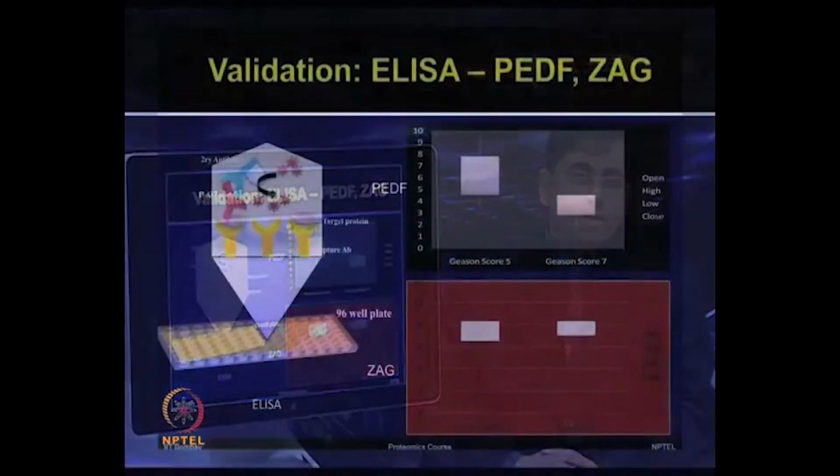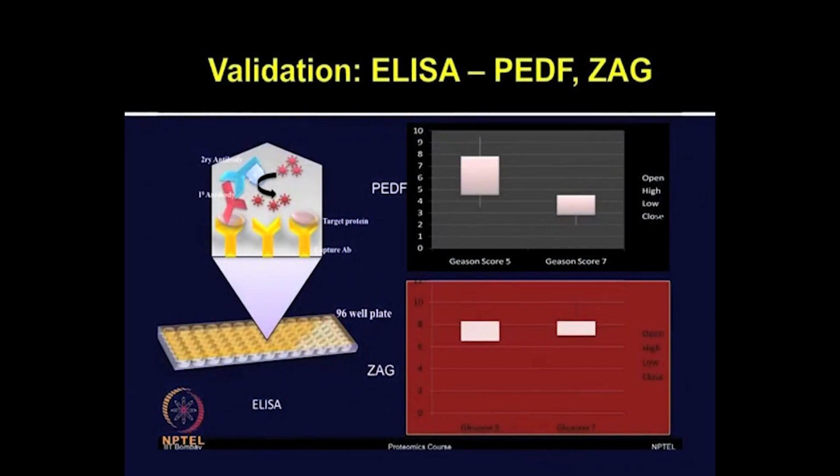For validation, the authors employed various techniques including Western blots, enzyme linked immunosorbent assays or ELISAs, and also immunohistochemistry. The pigment epithelium derived factor, PEDF, and zinc alpha 2 glycoprotein, also known as ZAG, were further validated by the ELISA technique.